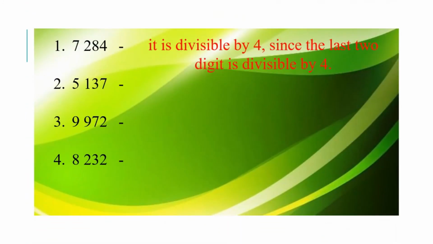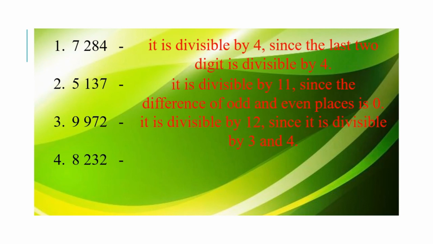Okay. We will check your work. We will proceed to number 2, which is 5,137. Okay, let's check. 5,137 is divisible by 11 since the difference of odd and even places is 0. Very good. Let's proceed to number 3, 9,972. Very good.